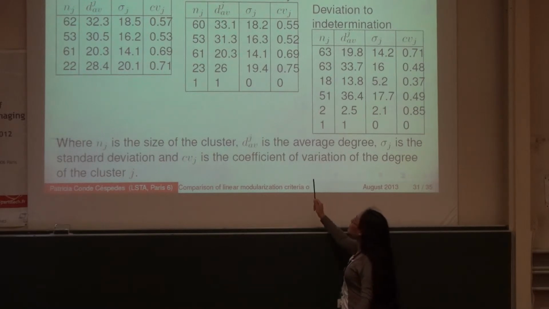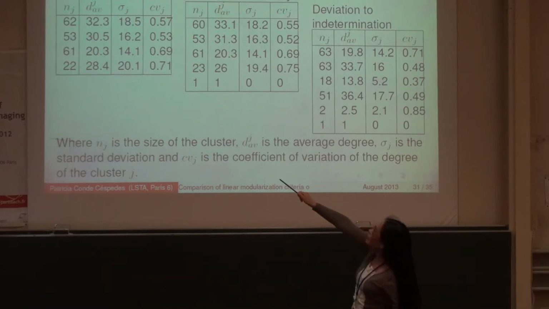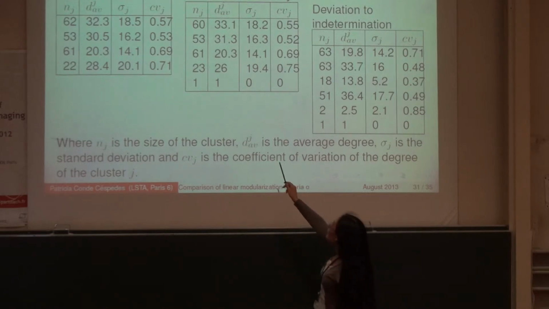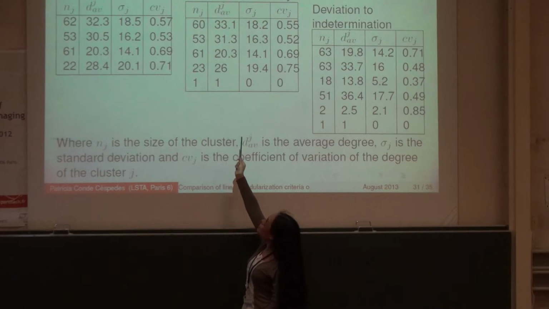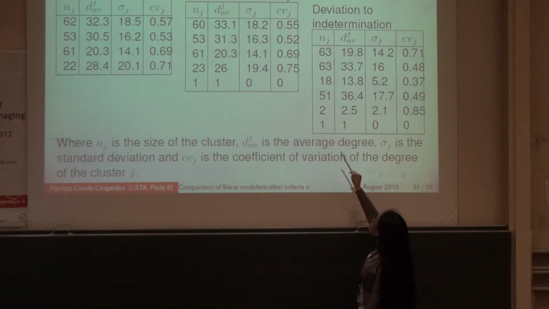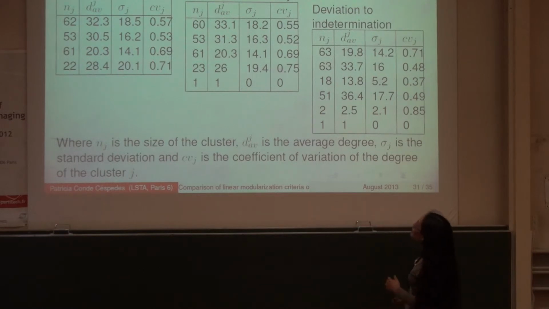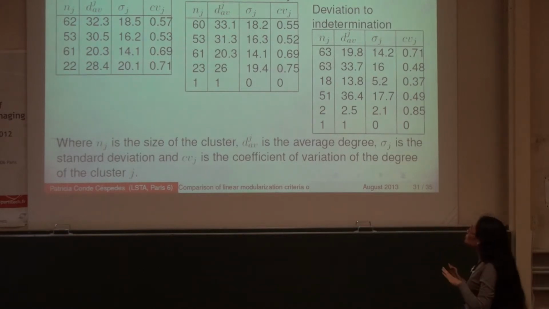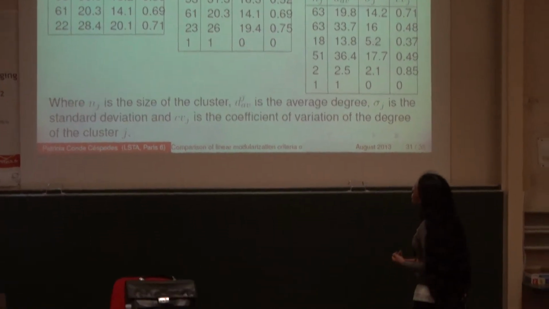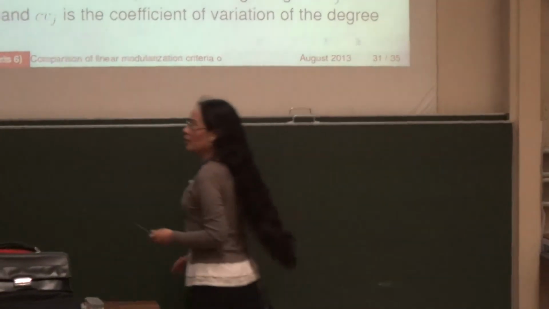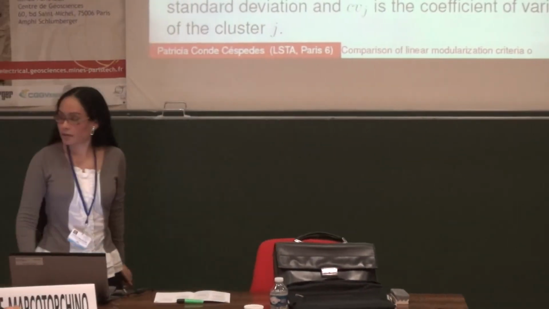So we can see as well that the two new criteria found more communities than the Newman-Girvan modularity, and that they have nodes clustered as single nodes. So these two criteria tend to separate those nodes which have low degree. And now, let's look at the graph.